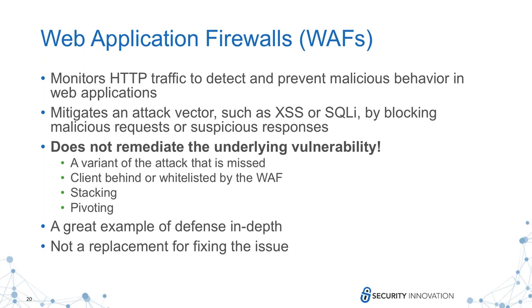It doesn't remediate the underlying vulnerability, though, so the actual vulnerability may be exploited by a different attack vector. Whether that's a variant of the attack that is missed by the web application firewall, because rule sets can be wrong or have bugs too. Again, we talk about insider threat, a client that is either behind or whitelisted by the web application firewall.